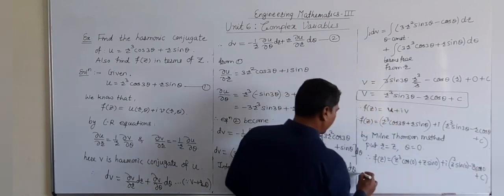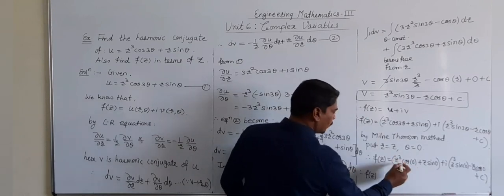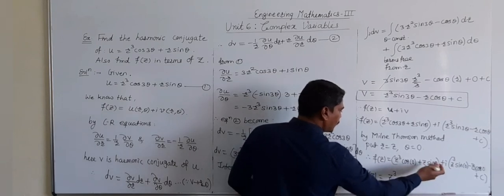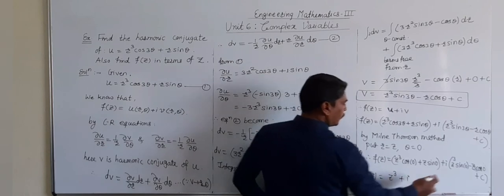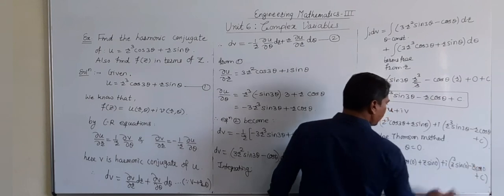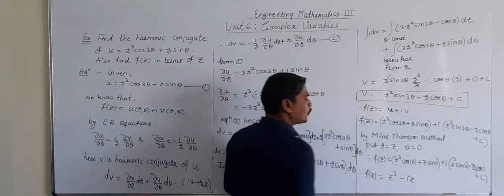So in that way we get f of z become, cos 0 is 1. What is remaining? 1 into z cube. So z cube is remaining. Sin 0 is 0, so this can become 0 plus I. Sin 0 is 0, so this can become 0 minus I minus z into cos 0 is 1.